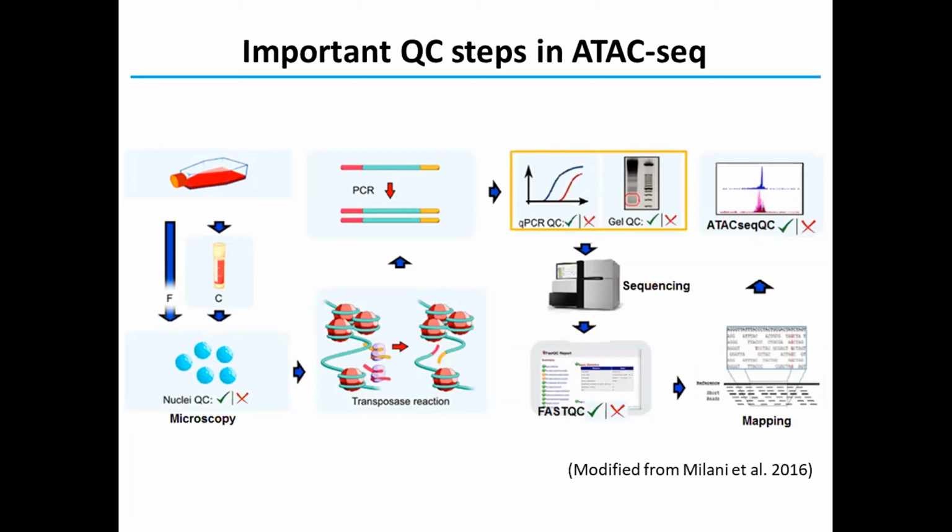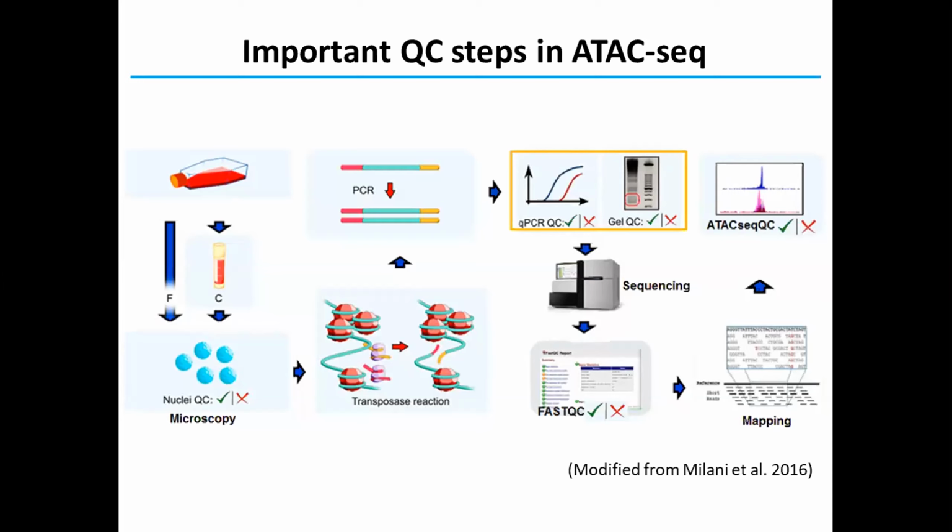We can also check the fragment size of the library using the Bioanalyzer or Agilent TapeStation. We should see a laddering pattern, composed of fragments of different sizes, including the nucleosome-free region and the mono-, di-, and tri-nucleosome associated fragments.